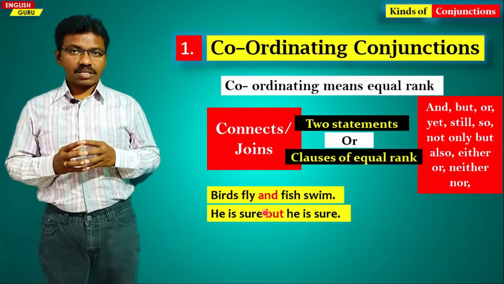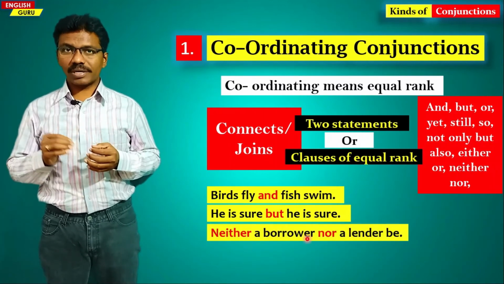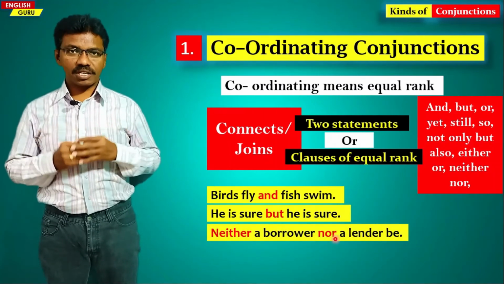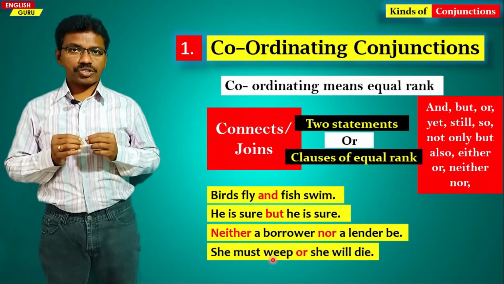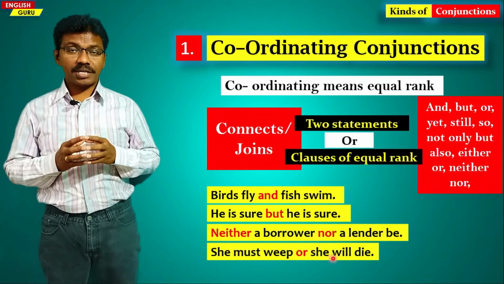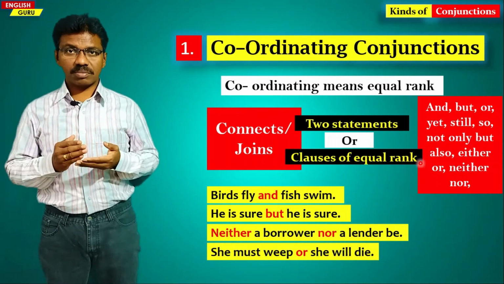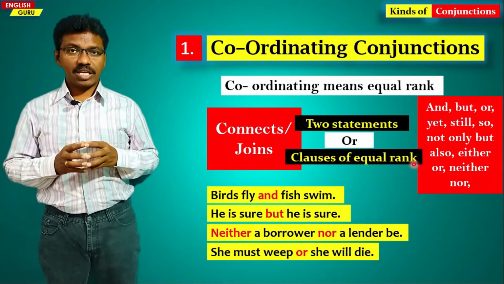So but is a coordinating conjunction. In the next sentence, neither a borrower nor a lender: neither nor, coordinating conjunction. She must weep or she will die: or, a coordinating conjunction. So coordinating conjunctions connect or join two statements or two clauses of equal rank.